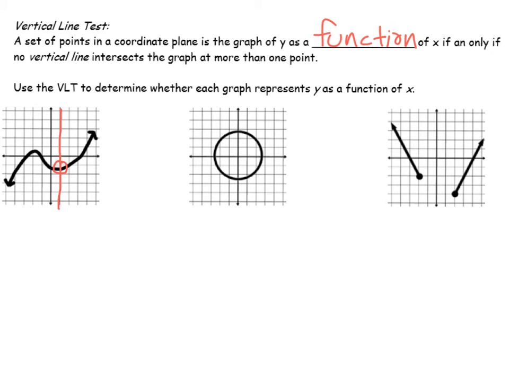If it failed, like on this one, the graph of a circle, here you can see clearly it crosses twice, okay? So do these represent functions? This first one, yes. Okay. Second one, no, it doesn't, right?